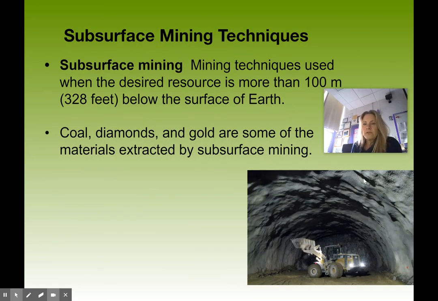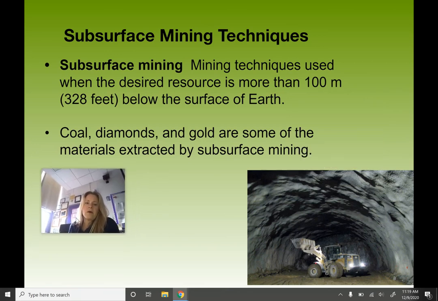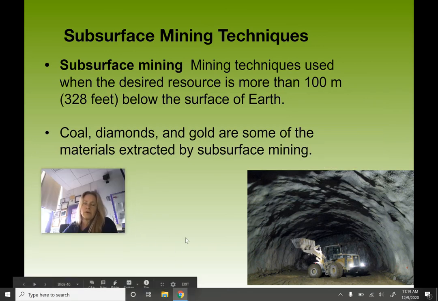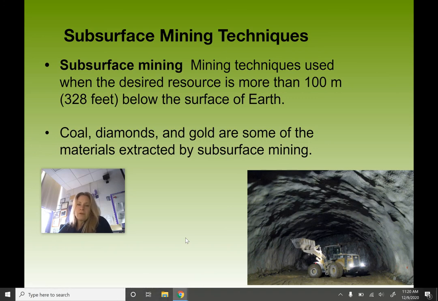And then subsurface would be our typical mining. When you think of a mine, you think of a mine shaft and going underground. That's subsurface mining. This would be where there's an ore that's deep. It wouldn't be beneficial to dig from the top down because you're just wasting time or resources. So you would go down to the source. Around here, we have this type of mining as well. It used to be mining for gold.